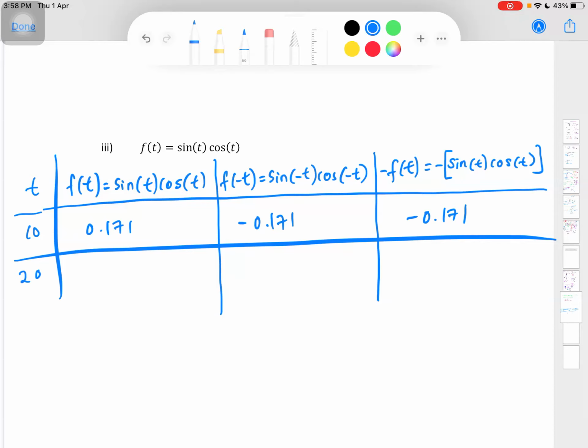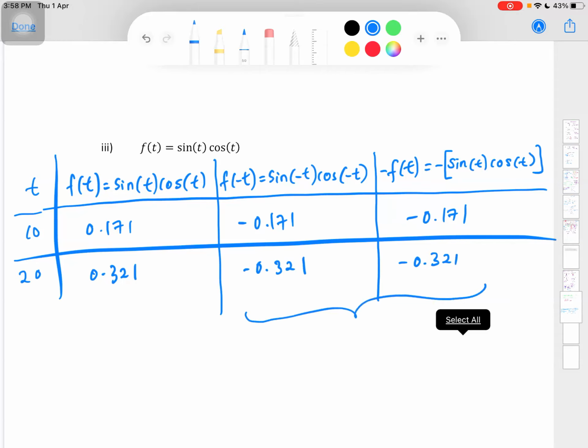Sine 20 multiplied with cosine 20 is 0.321. Sine of minus 20 multiplied by cosine of minus 20 is minus 0.321, and minus sine 20 cosine 20 again gives minus 0.321. So we can see this time this part is equal, which is f of minus t equals minus f of t. So we have an odd signal.